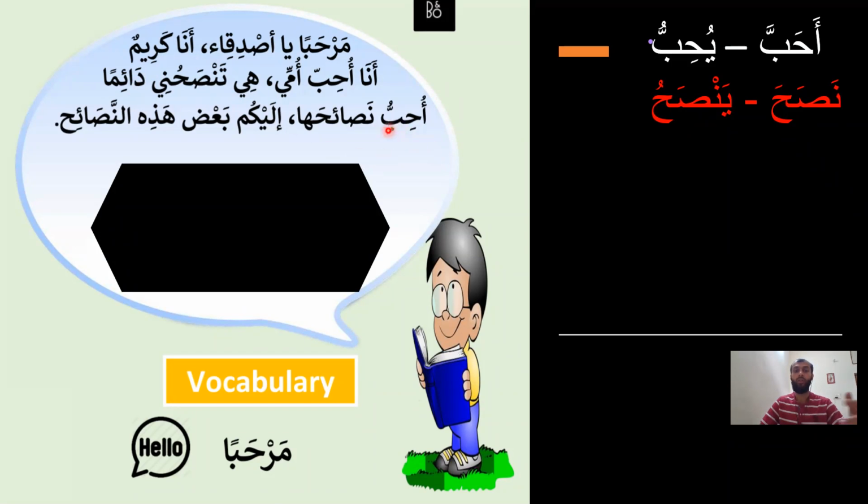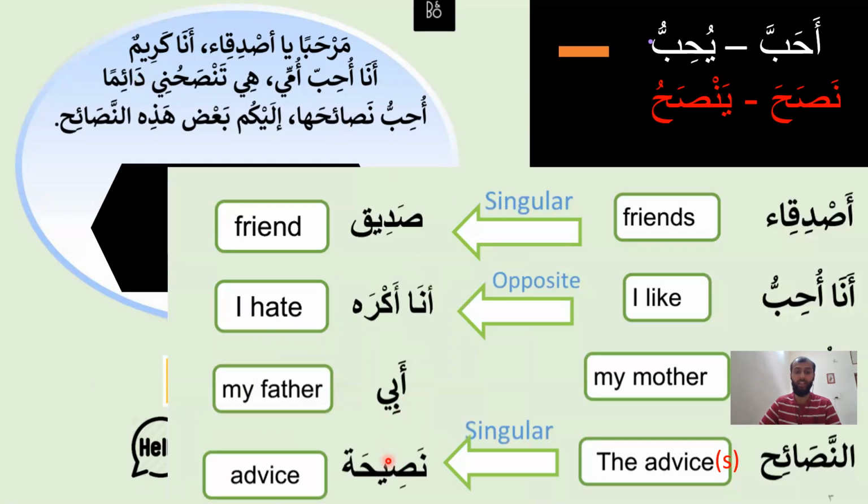Uhibbu nasa'iha. Nasa'iha means advices, the plural of advice. Nasiha means advice. Remember, nasaha means he advised. Yansahu, he advises. Nasiha is advice.